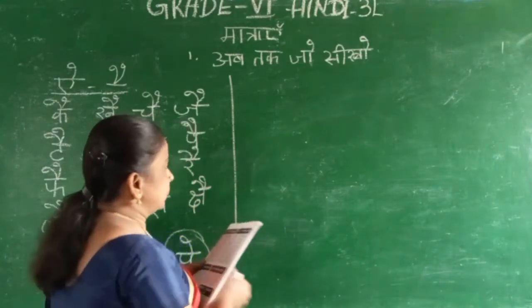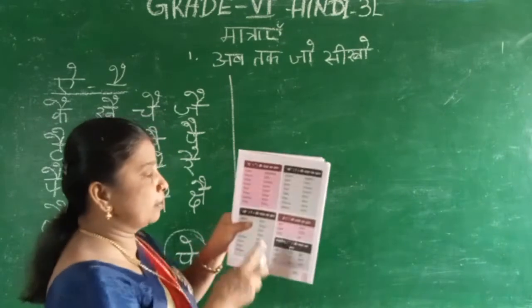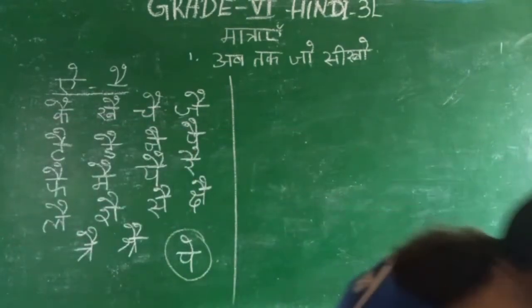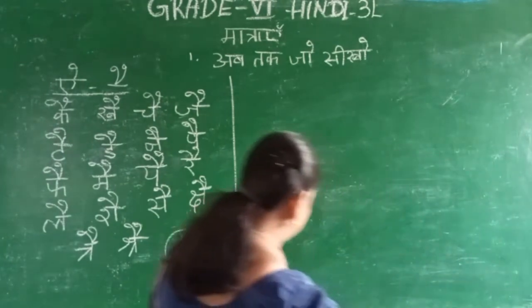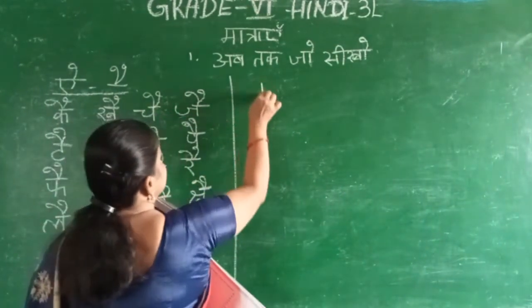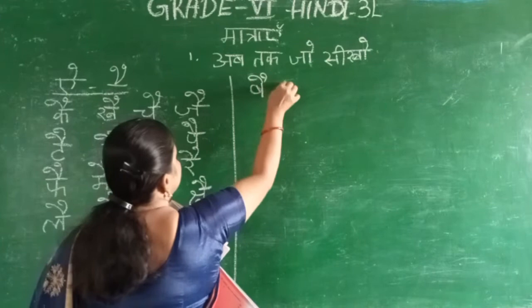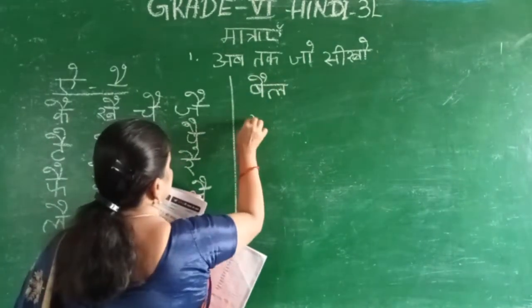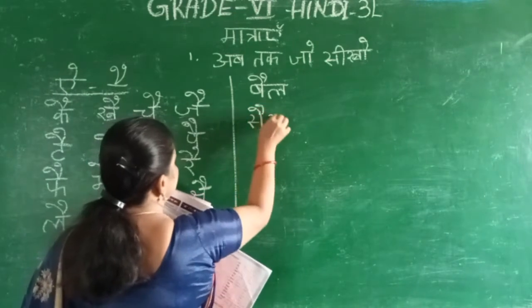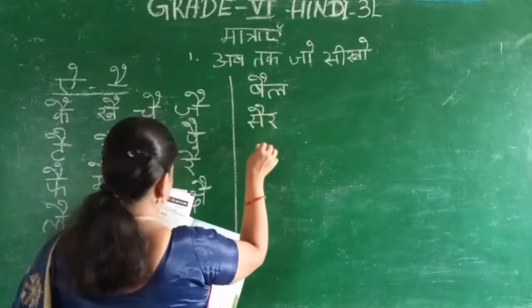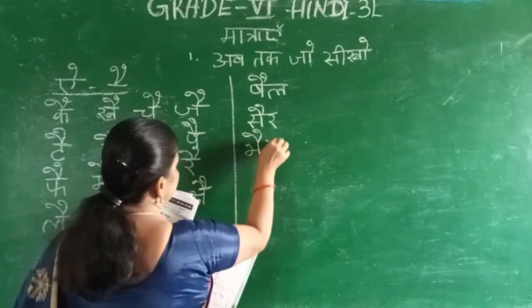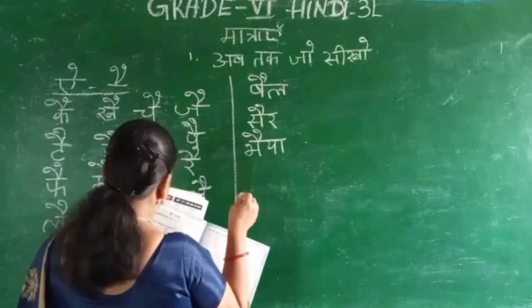Now some example words. This is in our book also, or in simple letters also. For example, in 2 letters: baila, bail; shaira, shair; baiya, baiya.